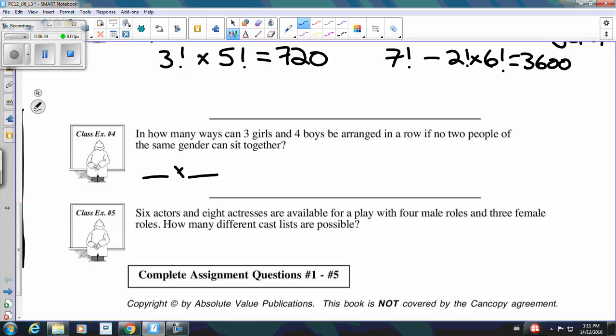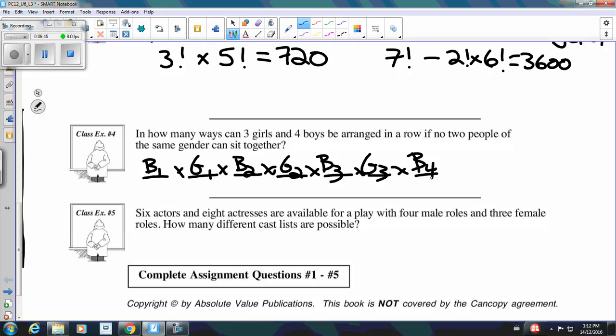So I really have 7 people here. 4, 5, 6, 7. So I have 4 boys, so a boy needs to go first because I'm going to have boy, girl, boy 2, girl 2, boy 3, girl 3, and boy 4, right? I need that order, otherwise I can't fit 7 people in.